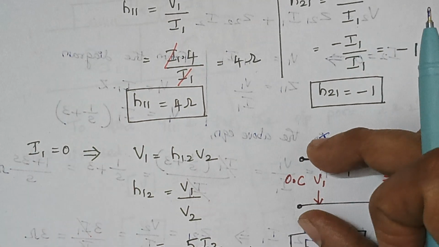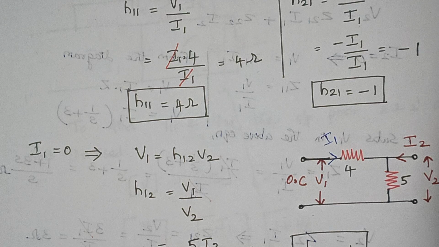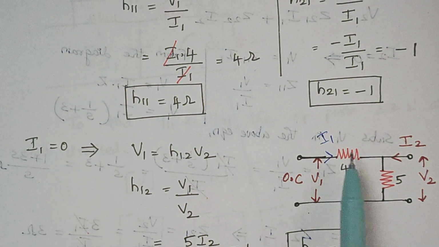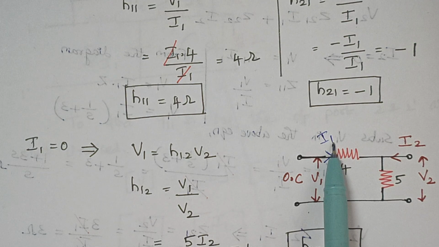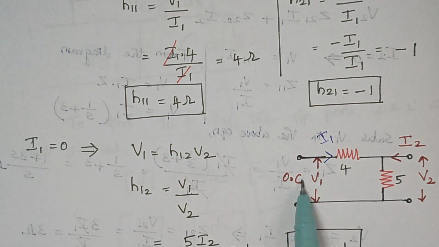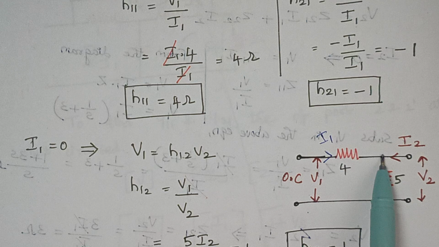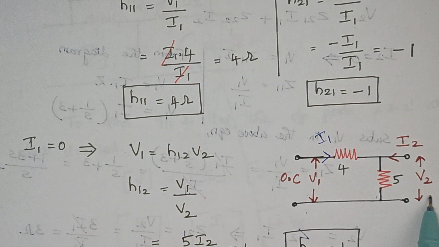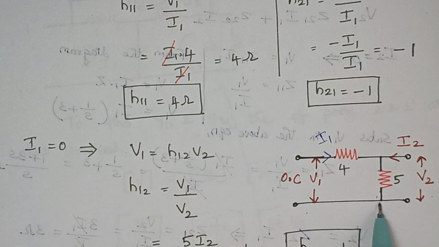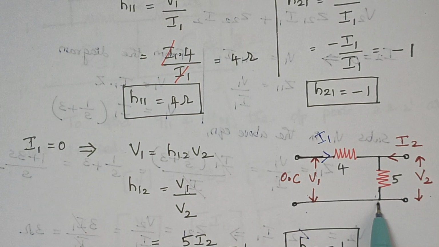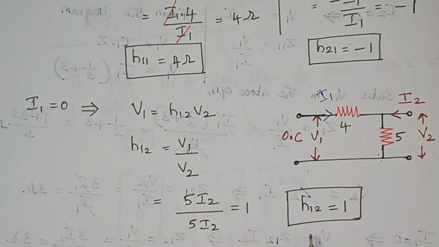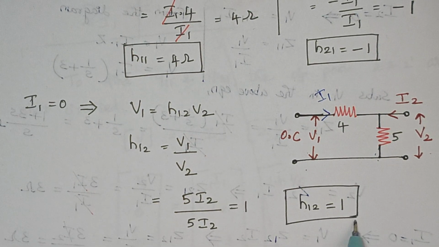Because here this is an open circuit, so the value of I1 is made 0. So V1 is the voltage impressed across this 5 ohm, and similarly V2 is also the voltage impressed across this 5 ohm. When you substitute the values, the value of H12 is 1.